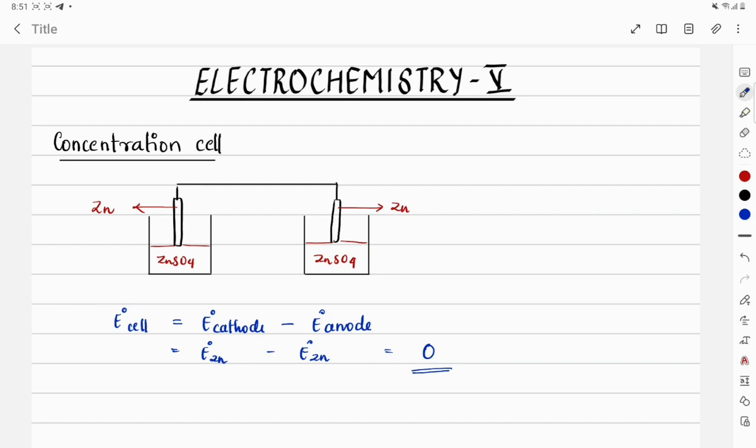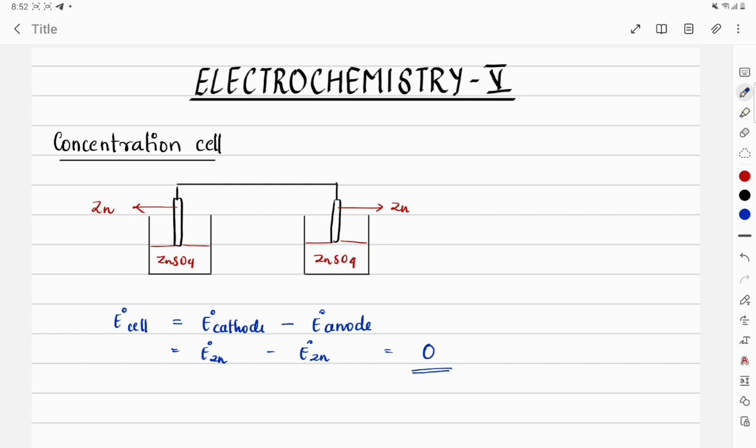And we saw an example where we had zinc as the anode as well as cathode, and the main thing which we discussed was E0 cell would be 0 for a concentration cell. What was the reason? The formula for E0 cell is E0 cathode minus E0 anode. And I told that E0 value is actually constant for a particular metal.